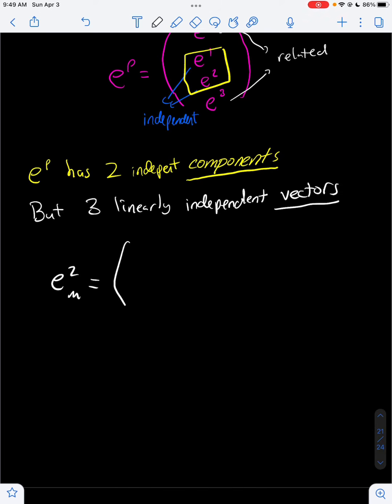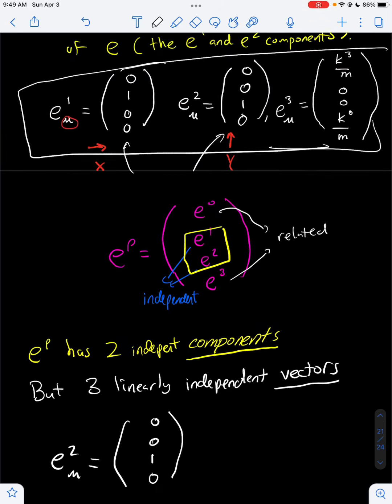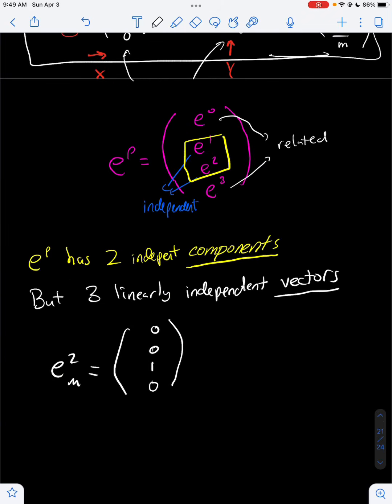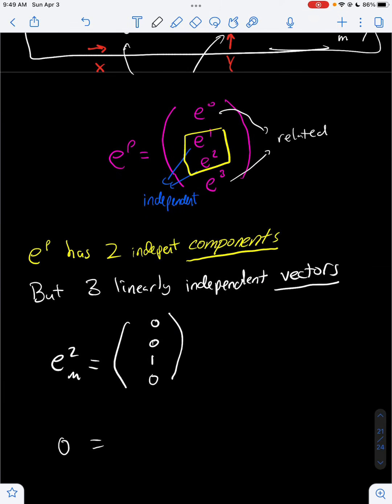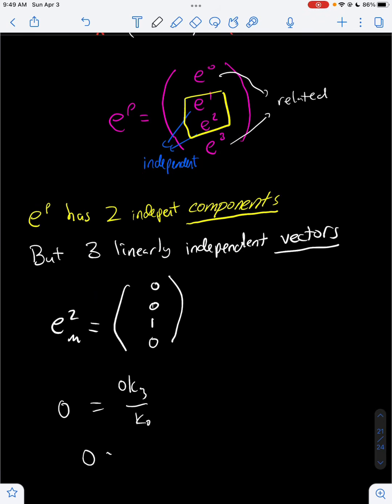E2 mu is just 0, 0, 1, 0. So it still satisfies our condition, since E0 is 0, which equals E3, which is 0, times K3 over K0. And 0 does indeed equal 0. So this also works as one of our basis vectors.